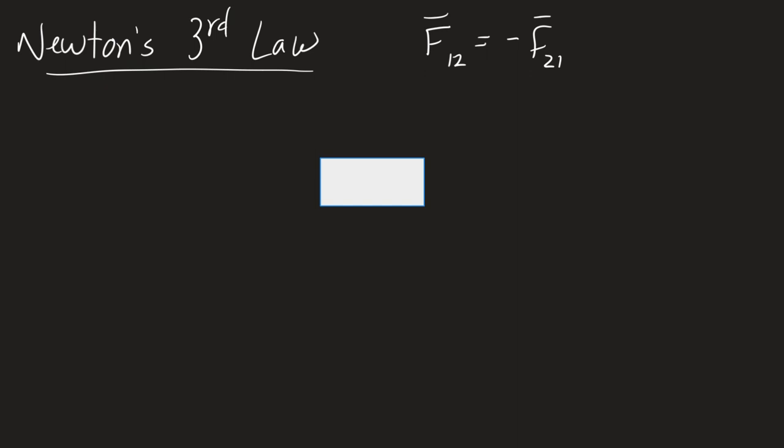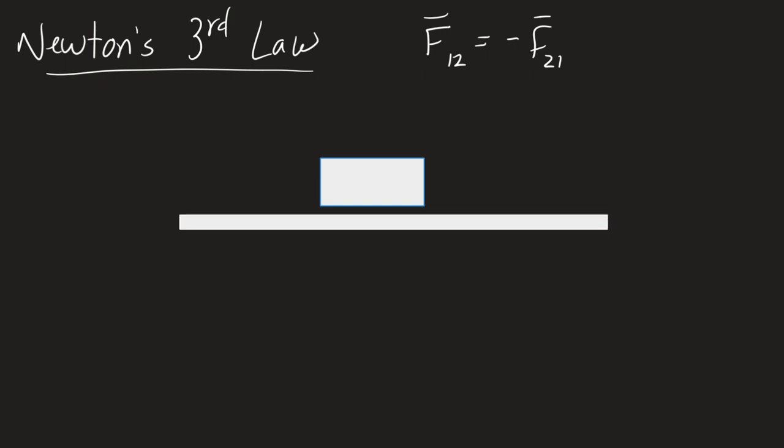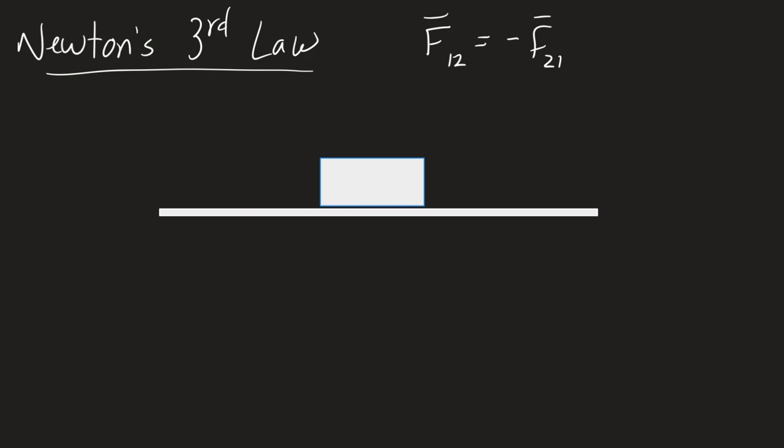So how about a box on a table? And let's give the table some legs. All right, let's say that you are pulling on the box to the right. And I mean that.